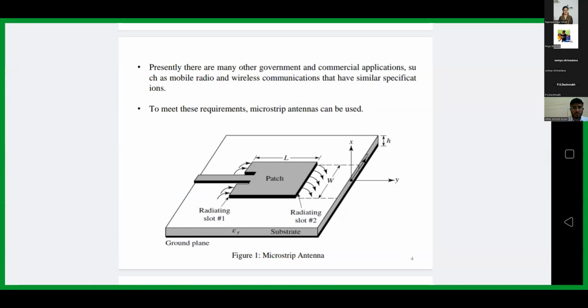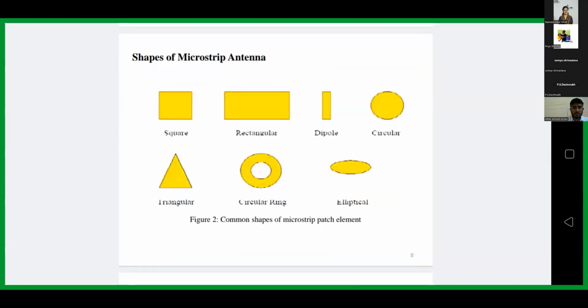It consists of a radiating patch and slot. There are several shapes of microstrip antenna: first square, second rectangular, third dipole, fourth circular, fifth triangular, circular ring, and elliptical. These are common shapes of microstrip patch antennas.